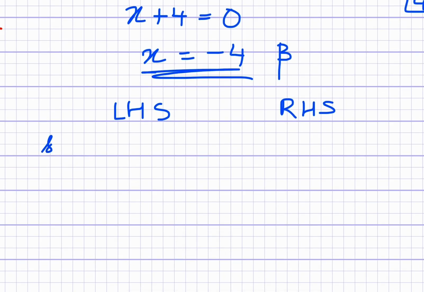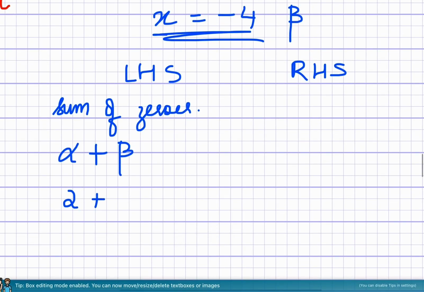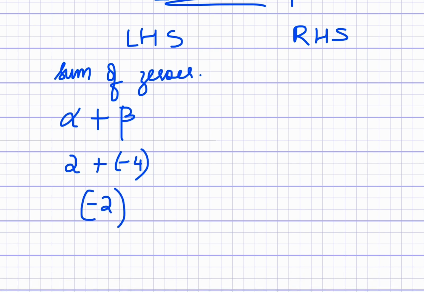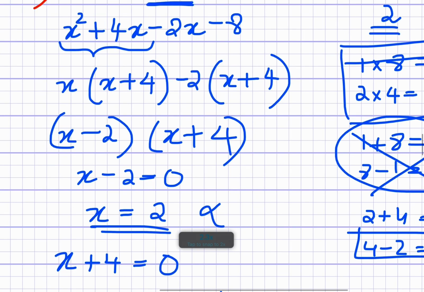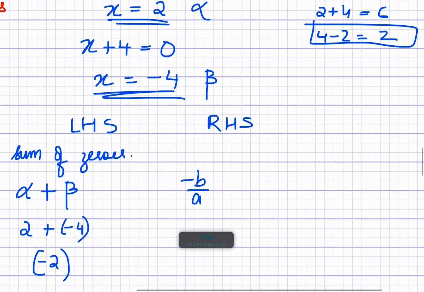So sum of zeros, that is alpha plus beta. What did we get? Alpha 2 plus minus 4. We got minus 2. Now RHS, we have to find out whether it is equal to minus b by a. What is minus b here? Here b is 2, so minus b will be minus 2.